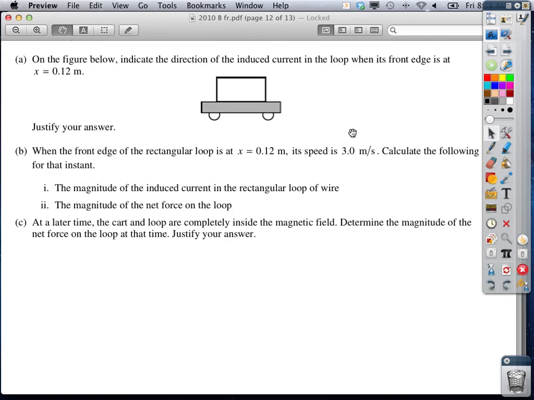Anybody need more time? All right. So let's see. Jackie, well, before we do that, can Andrew give us Lenz's law?